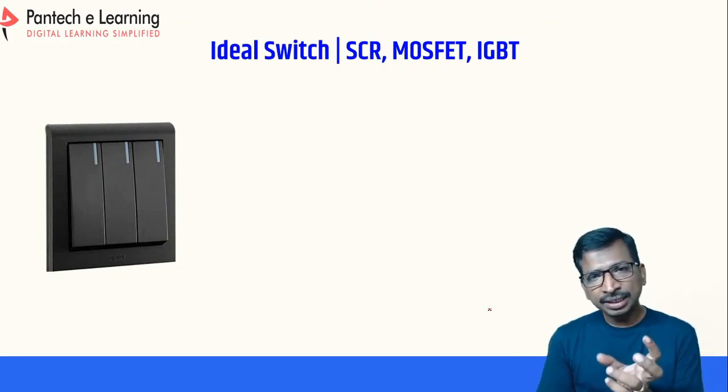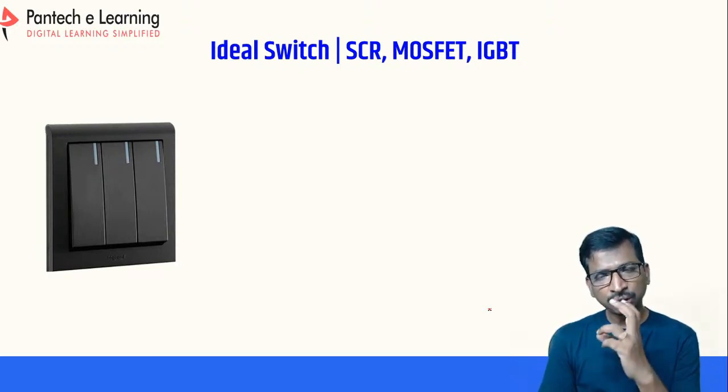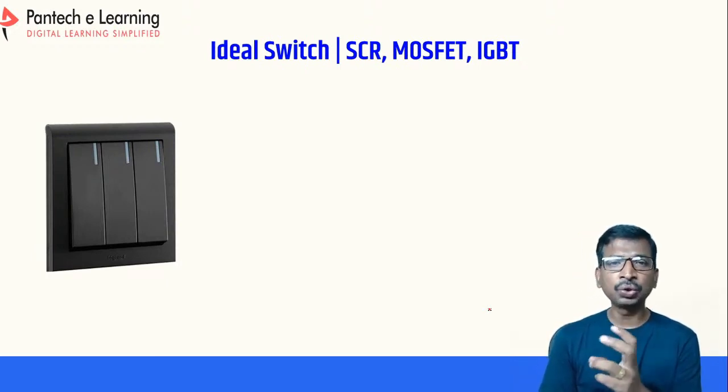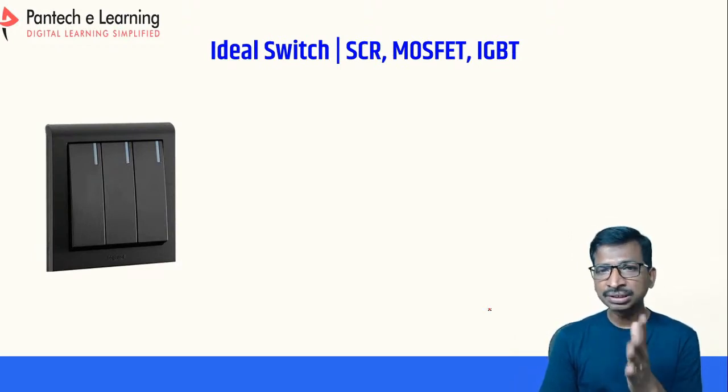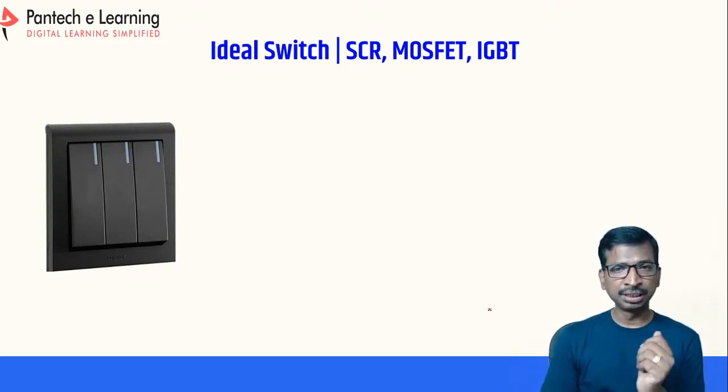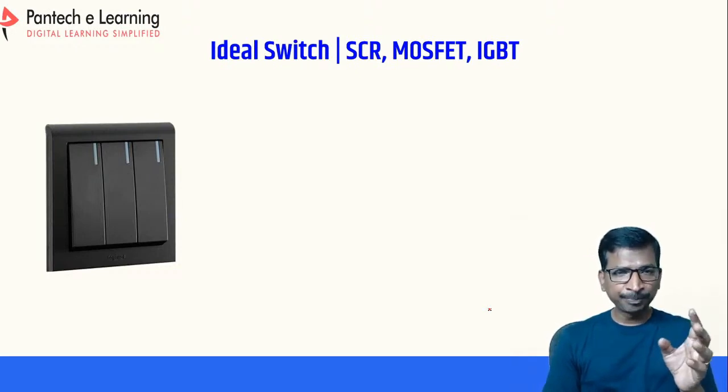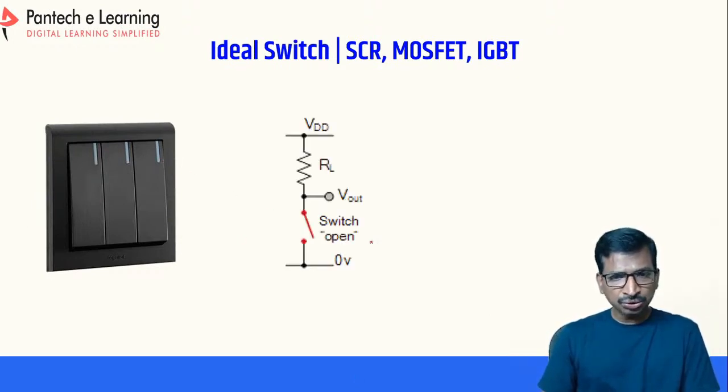Yes, so to understand isolation and the gate driver circuit, you must know what MOSFETs are, what a solid state switch is. Already we have discussed the same concept. Actually, if you take an ideal switch, if you press this switch, then the connection will get turned on, right? If you press the switch, then the circuit will get closed. So in that case, you will get the output.